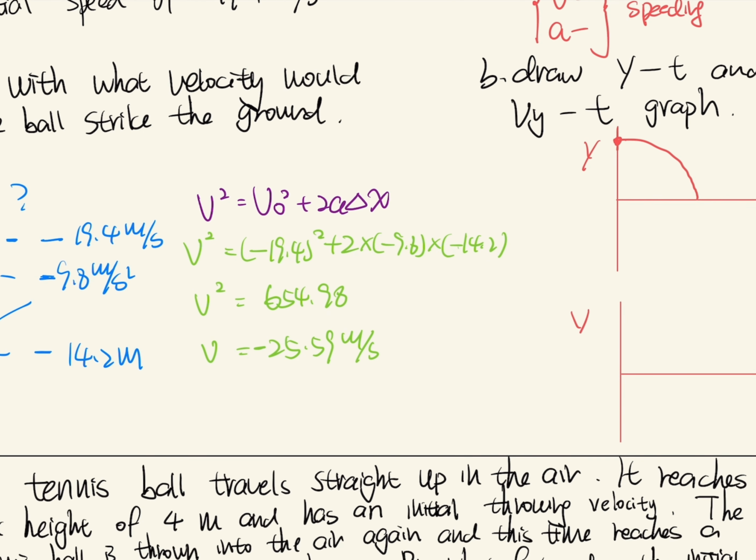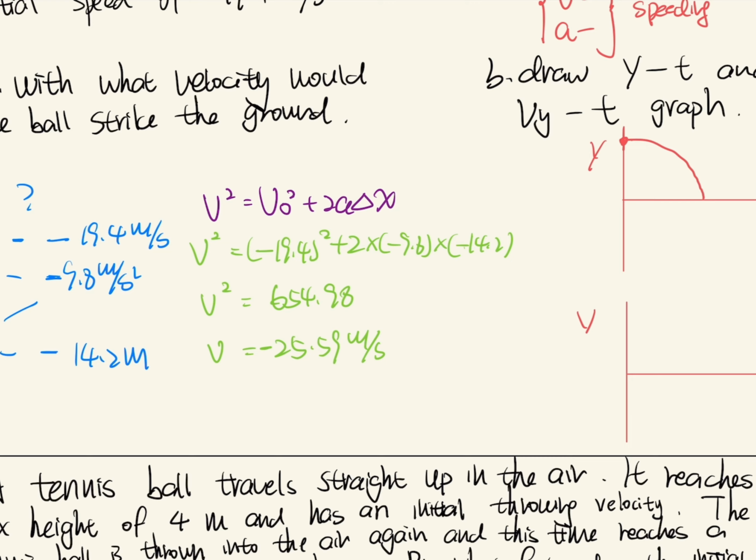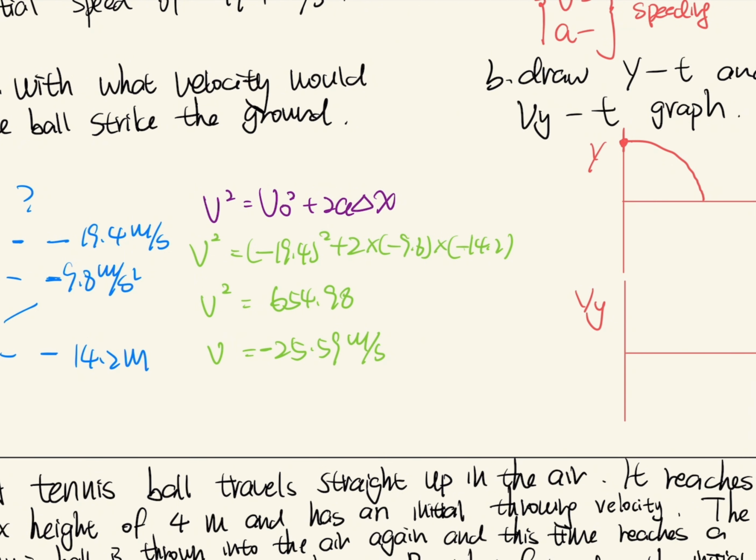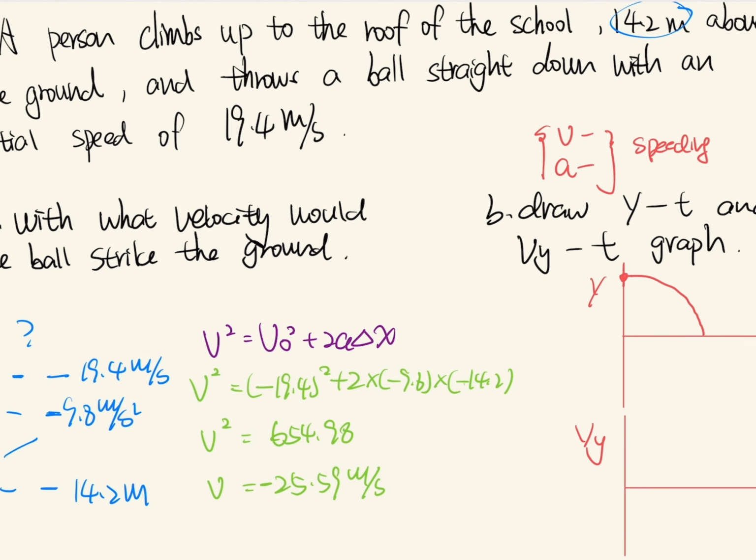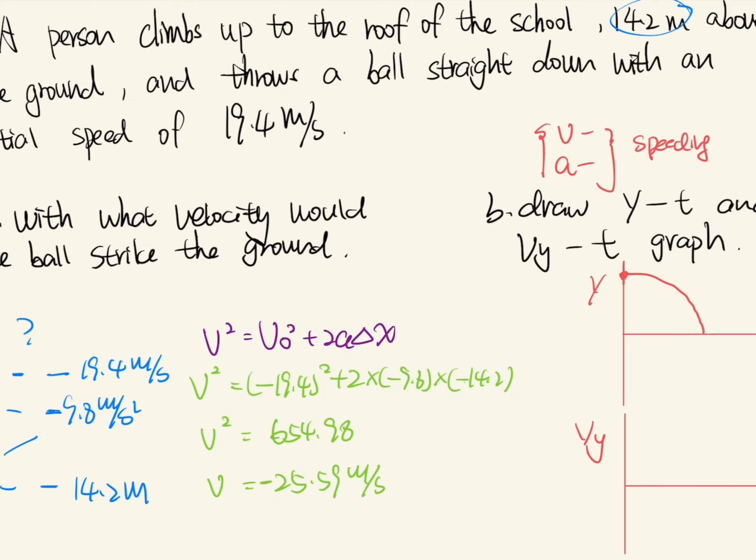On the other hand, for the VT graph, we know that the initial speed is 19.4 meters per second, but it's throwing straight down. So if it's throwing straight down, that means the velocity is negative.